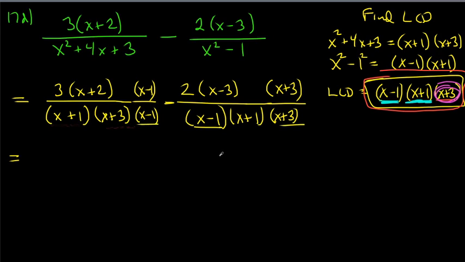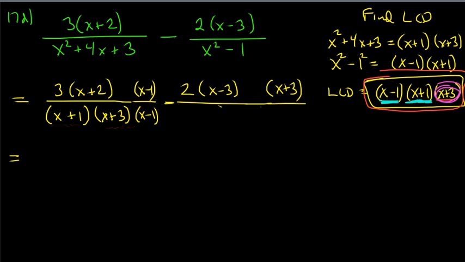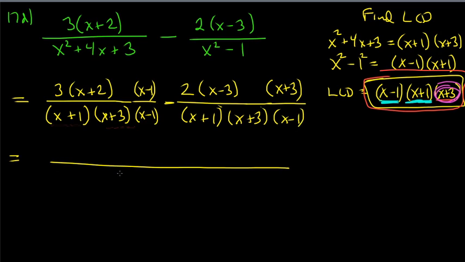So the order doesn't matter. But if it bothers you, let's just rewrite the second fraction in the same order. So I'll put the x plus 1 first, then the x plus 3, then the x minus 1. The point is it's the same denominator, so in the next step, we'll just write that denominator.